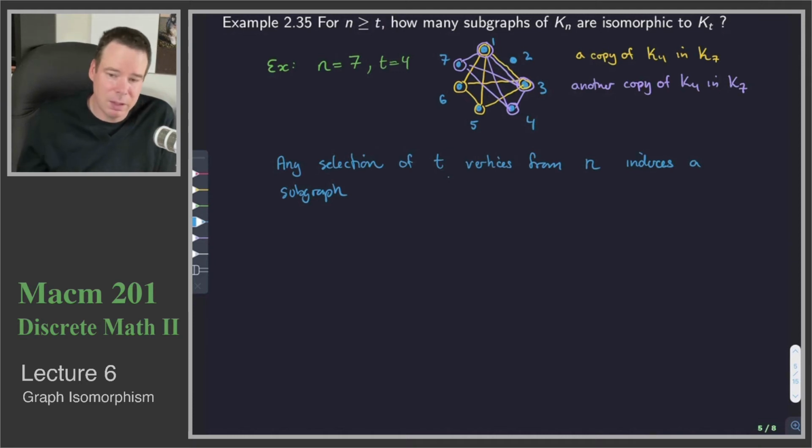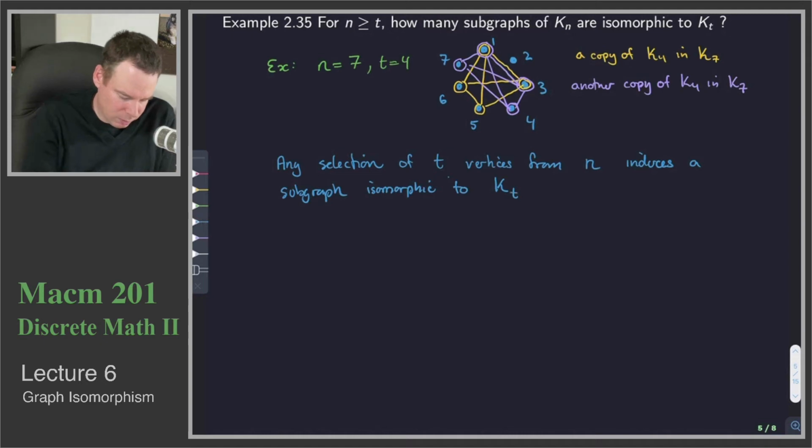Remember, induce is a technical term. The induced subgraph is, once you've selected vertices, the subgraph which contains all of those edges that are in the original graph that connect those vertices up. So any selection of the t vertices induces a subgraph isomorphic to Kt.